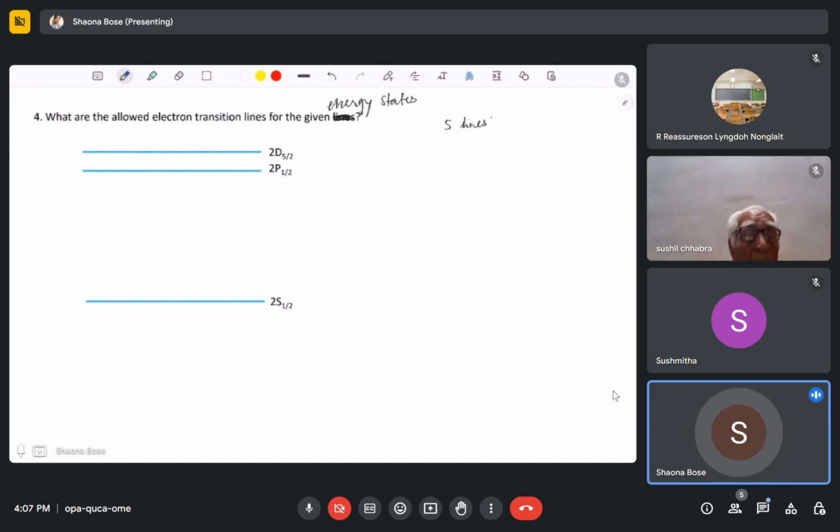So I'm just writing the Russell-Saunders selection rules for an electron moving from one atomic orbital to the other.